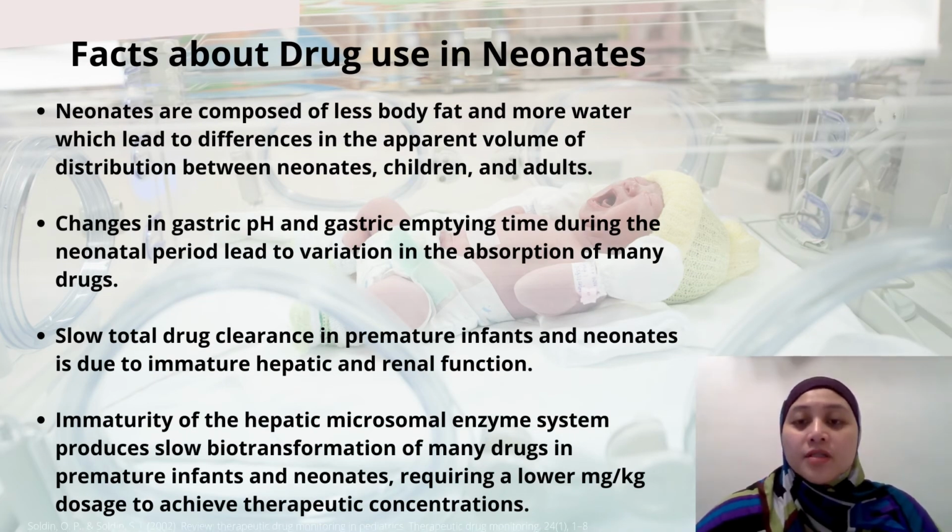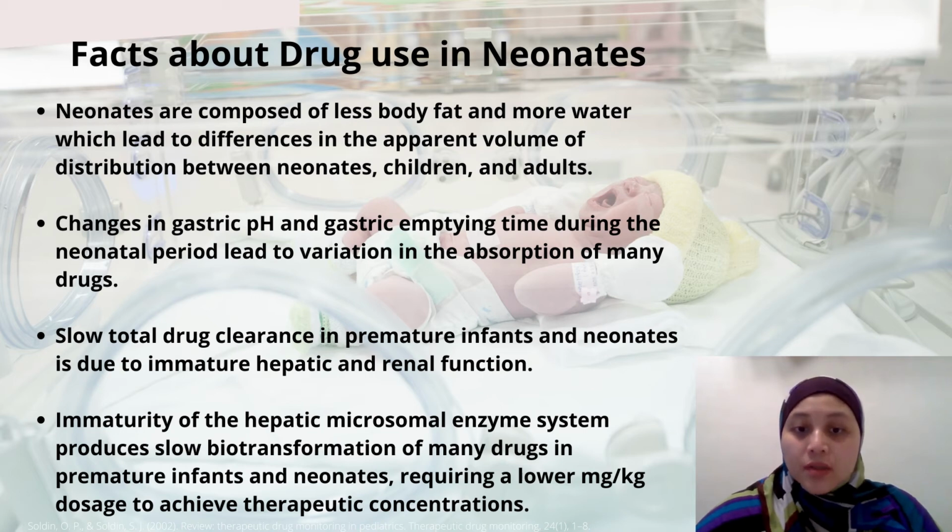A few facts about drugs used in neonates that you need to know. Neonates are composed of less body fat and more water, which leads to differences in the apparent volume of distribution between neonates, children, and adults. Changes in gastric pH and gastric emptying time during the neonatal period lead to variation in the absorption of many drugs.